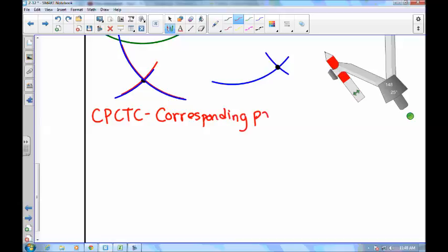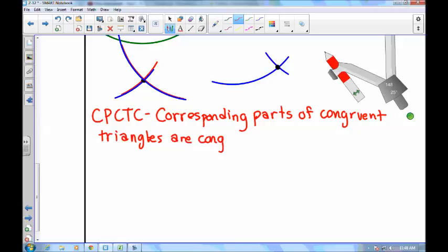Please write that down. Once we know two triangles are congruent, then they have matching pieces that are congruent to each other. And those are called the corresponding parts. And the abbreviation is CPCTC.